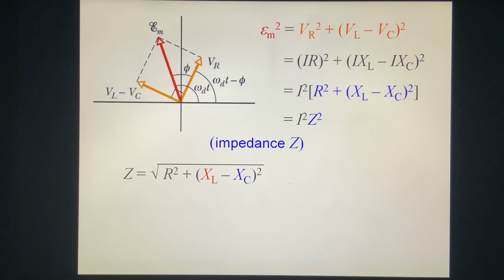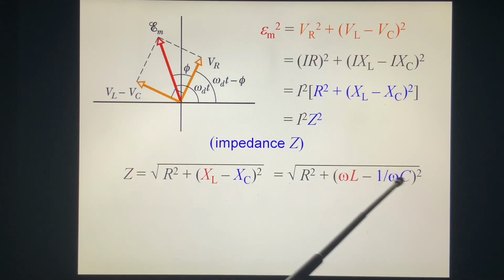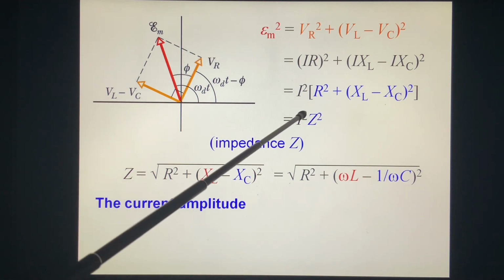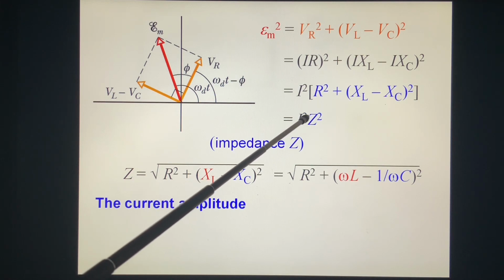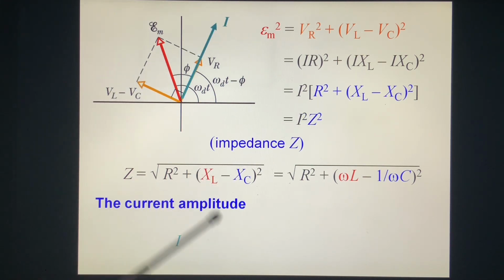We call this the Z square, and define Z as the impedance. The definition of Z is the square root of R square plus XL minus XC square, where XL is omega L and XC is 1 over omega C. Then the current amplitude Im equals epsilon m over Z.